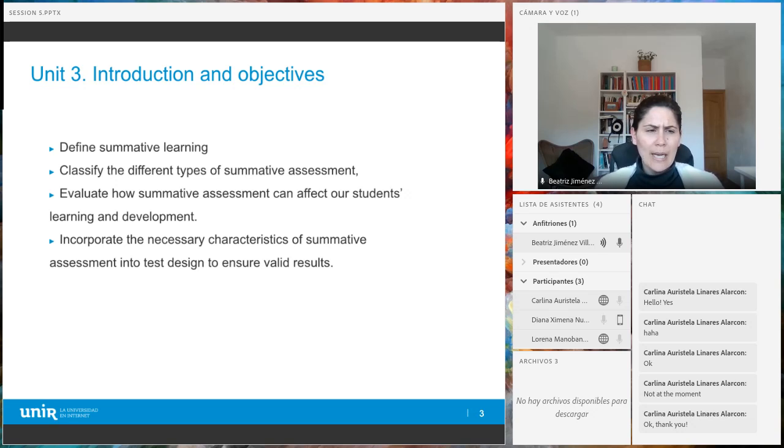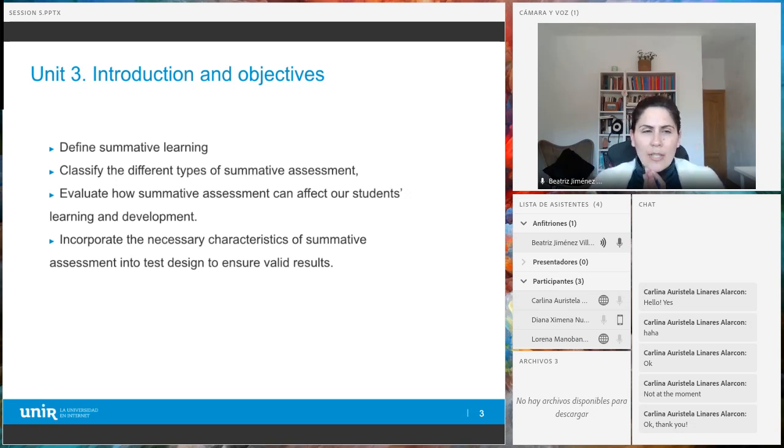And also we'll be able to incorporate the necessary characteristics of summative assessment into the design of a test or an exam, okay, to make sure that we get results that are valid and that are useful for the learning of our students, okay? So these are the goals to achieve by the end of this unit, okay?